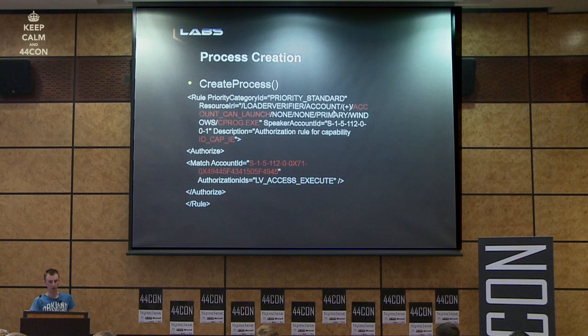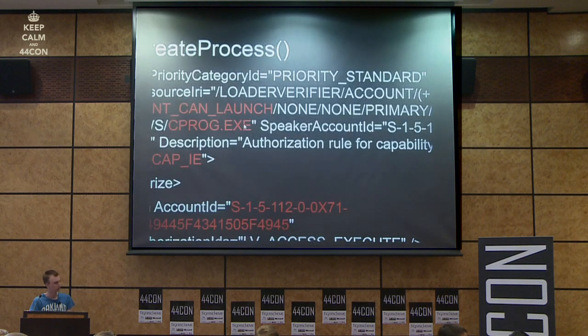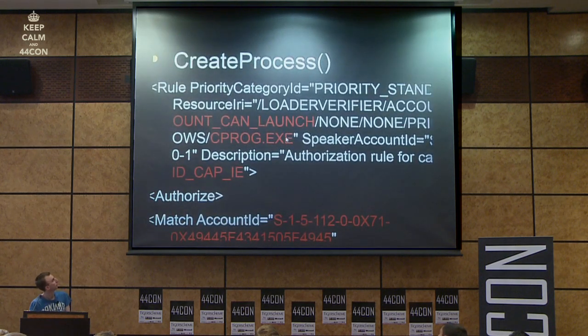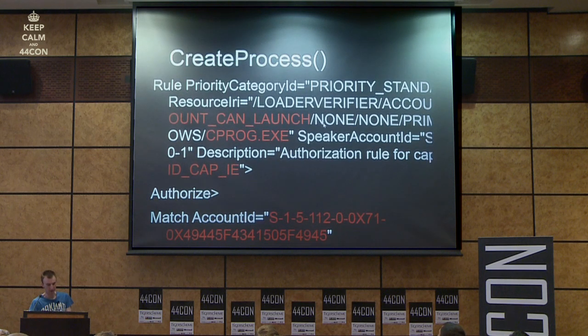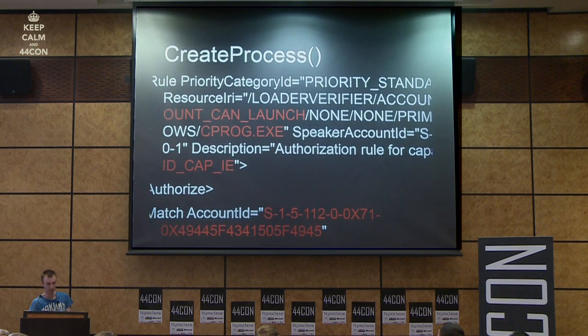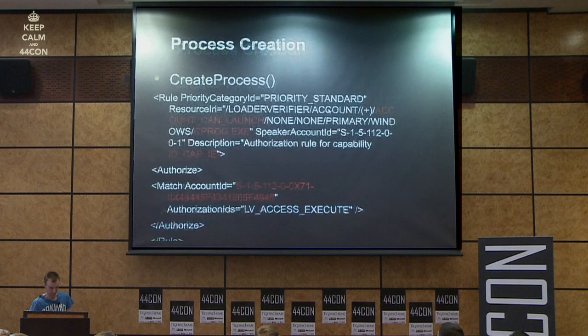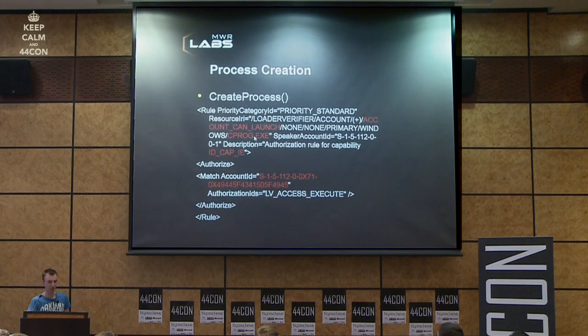So Internet Explorer is allowed to launch cprog, which is the phone dialer. But if that policy entry isn't there, then Internet Explorer is protected from launching any other binaries other than the ones which are specified in the policy as well.